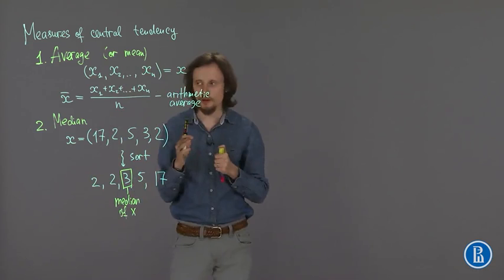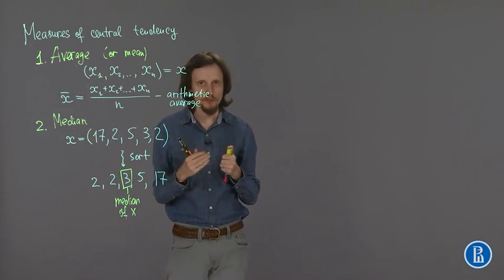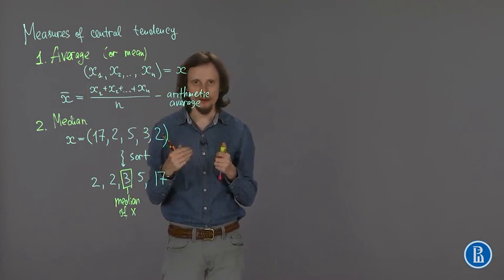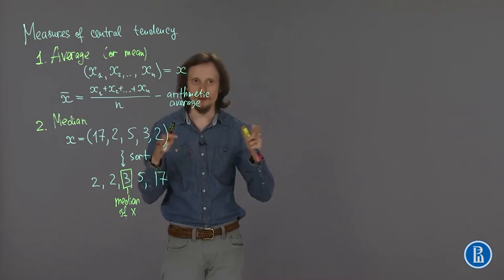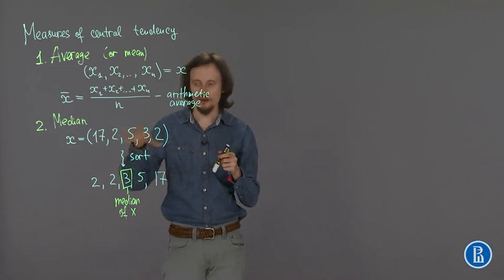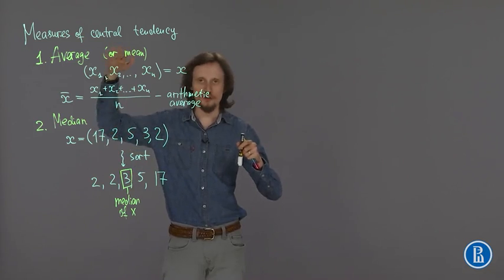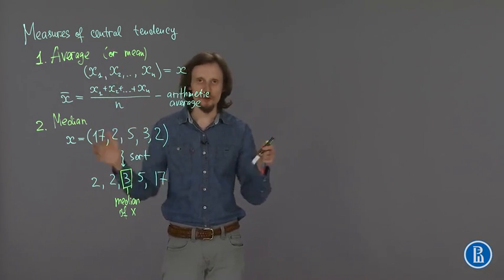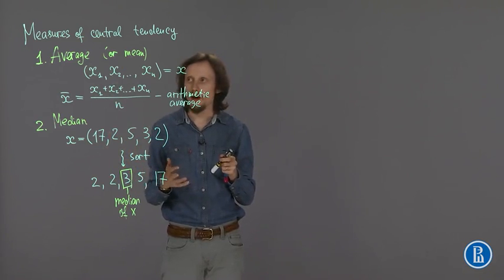Sometimes it is important to use median and not average. For example, if we discuss incomes in some country, we understand that we do not have so many people who have very large incomes, and most people don't have such large incomes.